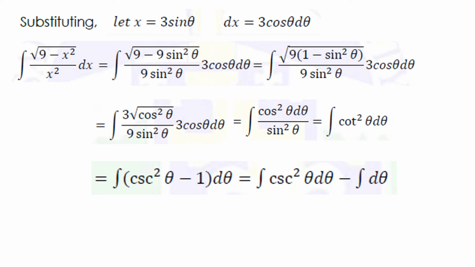We already have direct formulas for this. So we get negative cotangent theta minus theta plus c. Negative cotangent theta minus theta plus c is not yet the final answer. We have to return the variable x in the final answer.